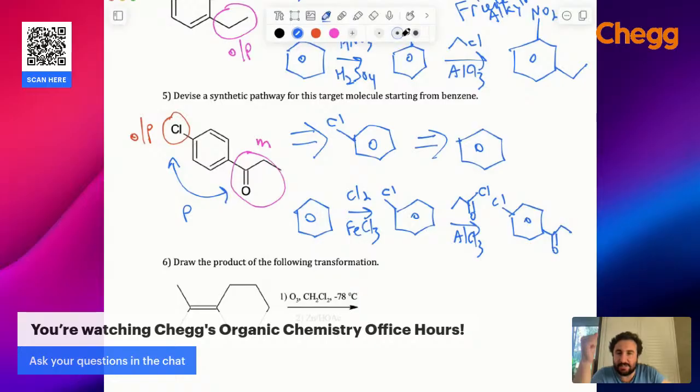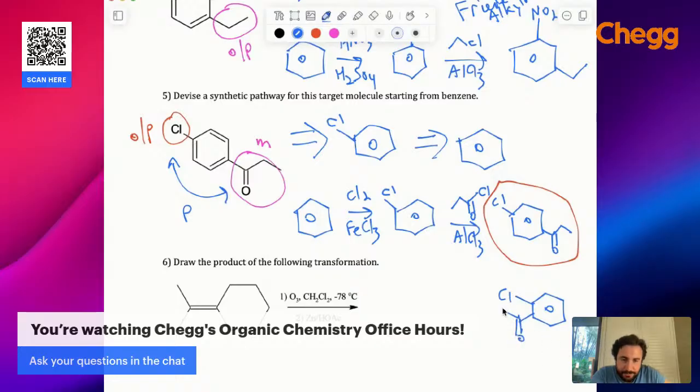So this is what we wanted. We will also get some, whoops, that's not a good benzene ring. We will get some ortho substitution, but we can separate that out by chromatography.